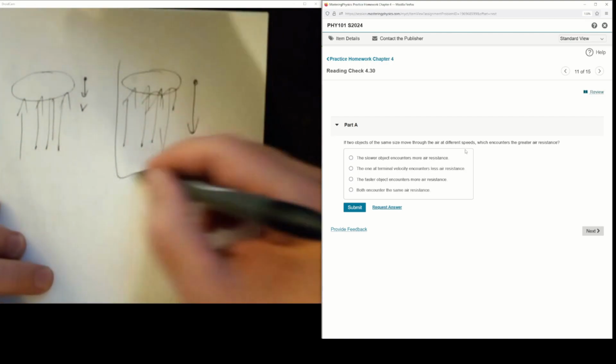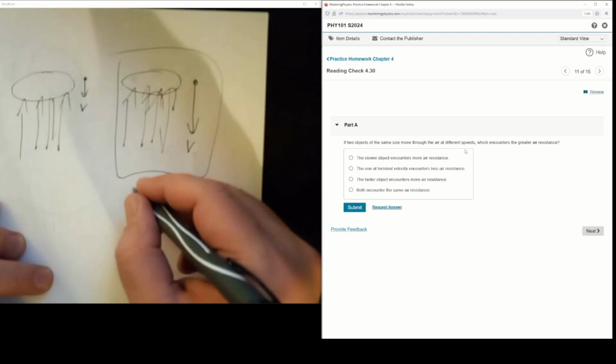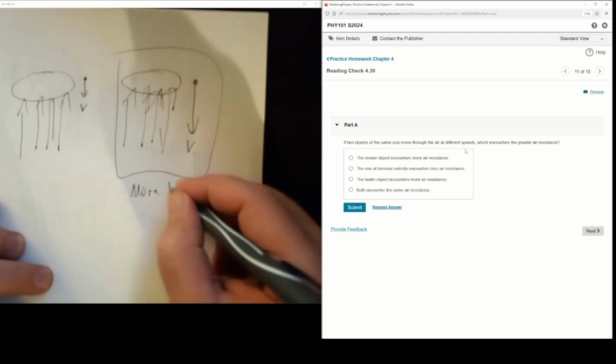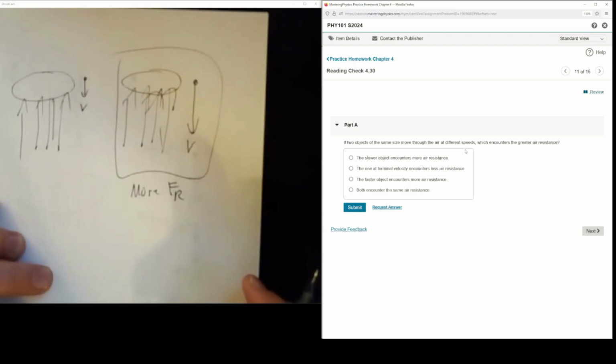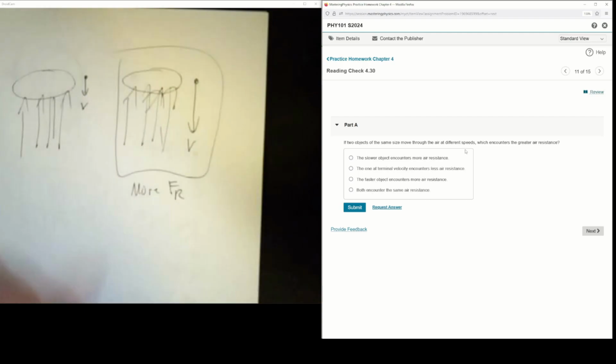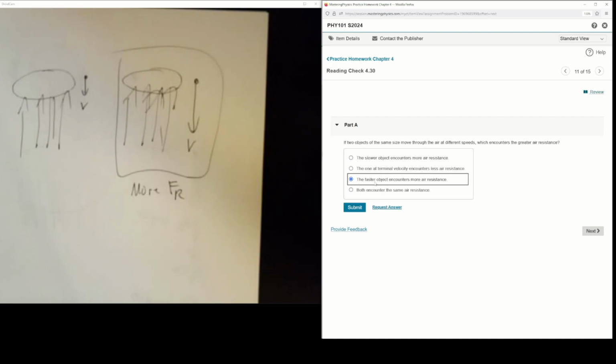Then this one here has more air resistance, and that's because its speed is larger. The faster object encounters more air resistance.